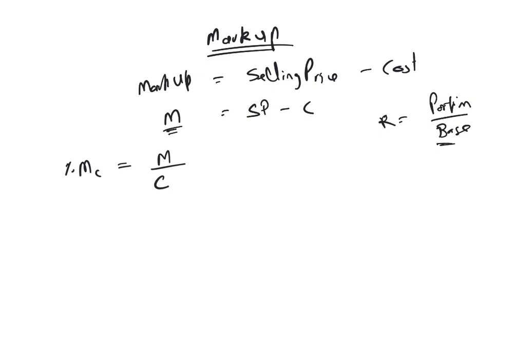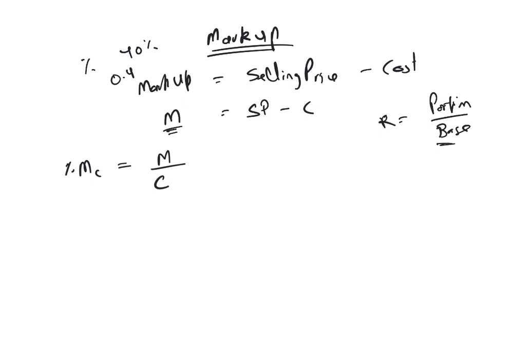Now, also just to clarify, we can work on these things as percentages, in which case I'll call a markup of 40 as 40%, or we can work on it as decimals, or 0.4. In the calculator or in Excel, eventually you'll have to put in decimals.